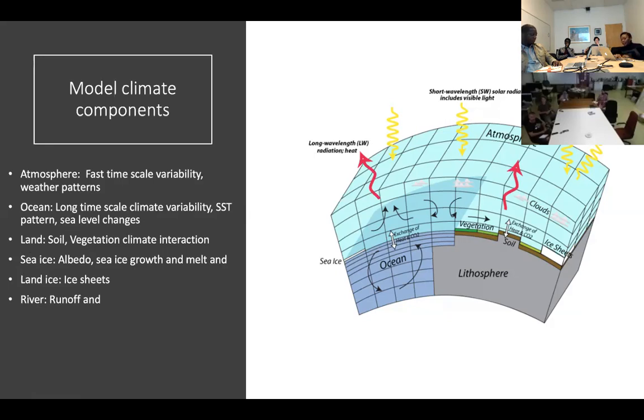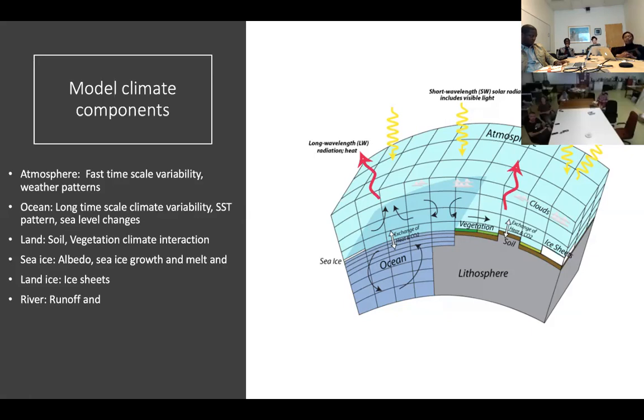Then the interactions between all these components: the time scales of interaction in the components are very different. In the atmosphere, you have very fast time scale variability and changing weather patterns that can occur within days and hours and disappear.